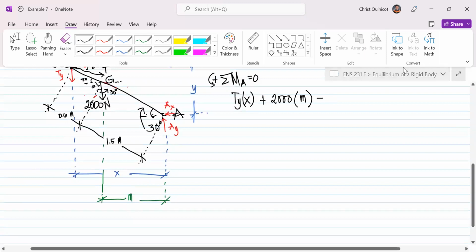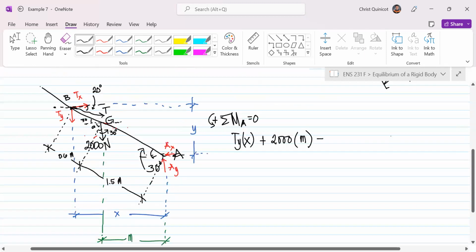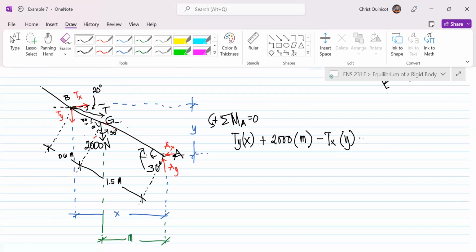And then minus T sub X times Y is equal to 0. Okay, now for our T sub Y, we can express it in terms of T. Now T sub Y is T sine 20 degrees. So we substitute that.